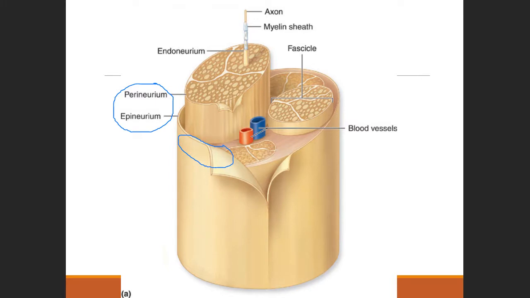The perineurium surrounding each individual fascicle will also protect against compression. It's a little less clear as to exactly how it does that, but we know through research that it certainly is the case, because we could do cross sections of some nerves that are more monofascicular. When we do their cross section, there are fewer individual fascicles compared to other nerves that are multifascicular. And we know those multifascicular nerves can handle compression so much better than the monofascicular ones.